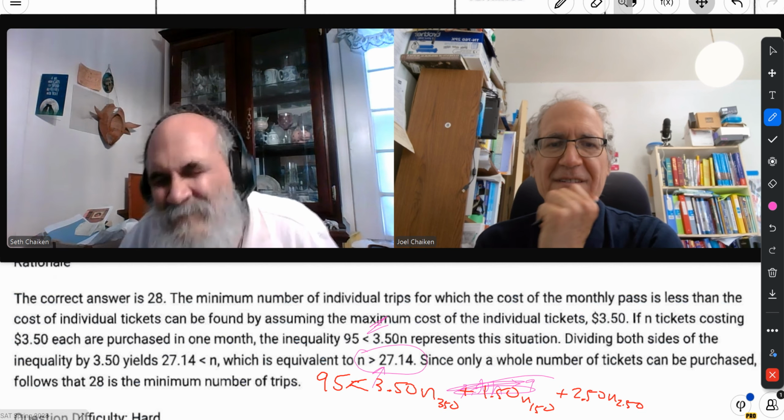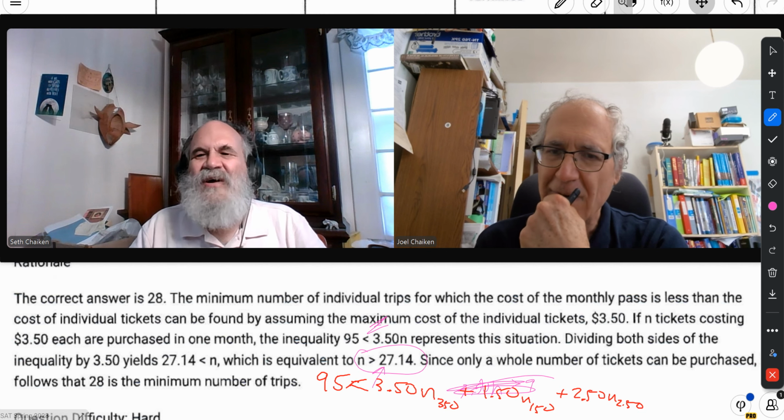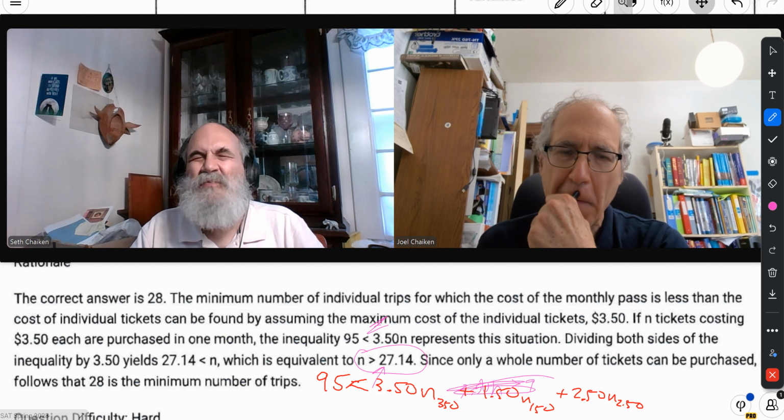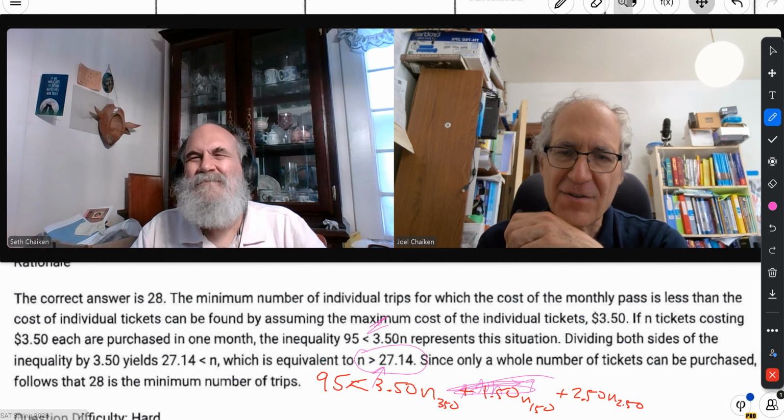Bringing in the inequality seems to complicate things. Well, it's a complicated situation. The inequality I wrote expresses exactly what the situation is. So they sort of blew it. They didn't really do it quite right.